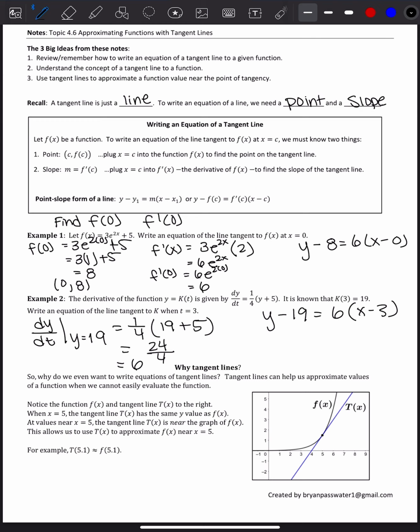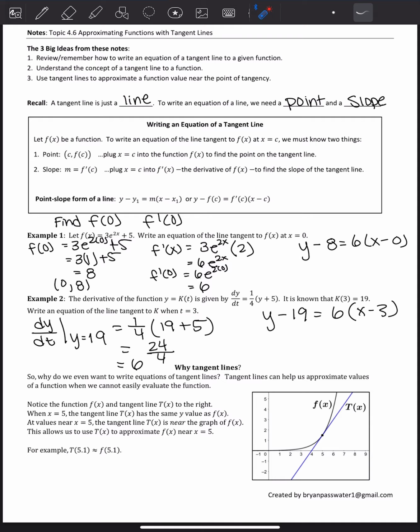But if I wanted to plug in 1, 3 times e to the second power is not super easy to figure out. Even if I wanted to do 0.5, it's going to be really hard to find this value without using a calculator. I can use this equation of a tangent line to find a value that's pretty close to our actual value, but might be off a little bit.